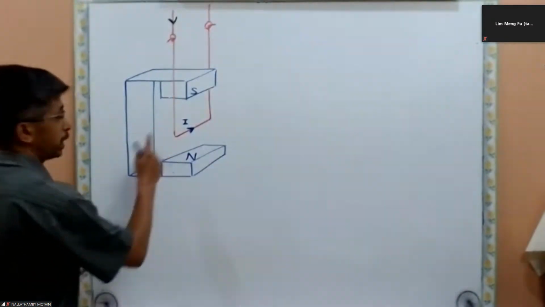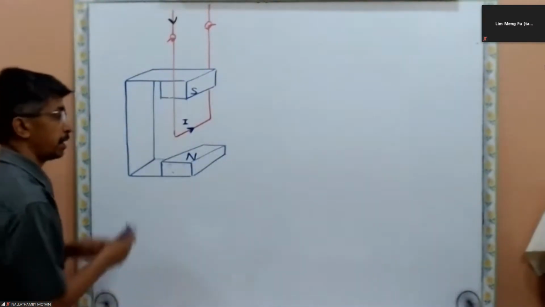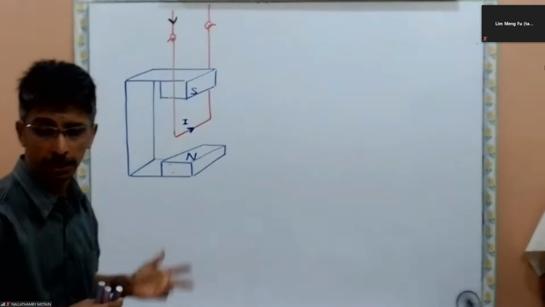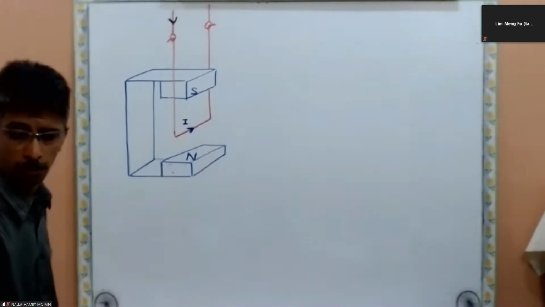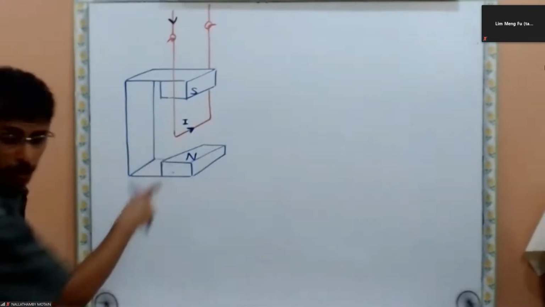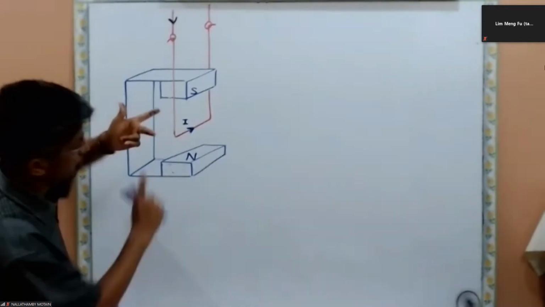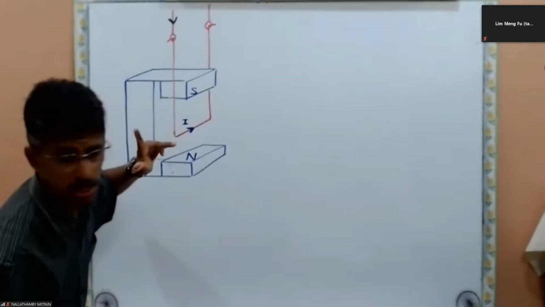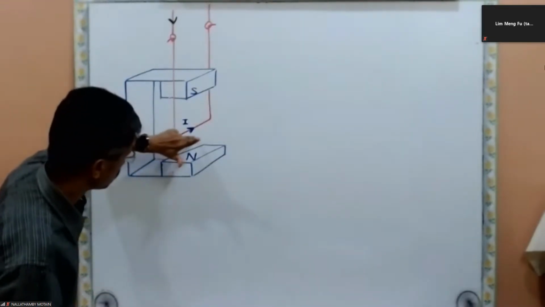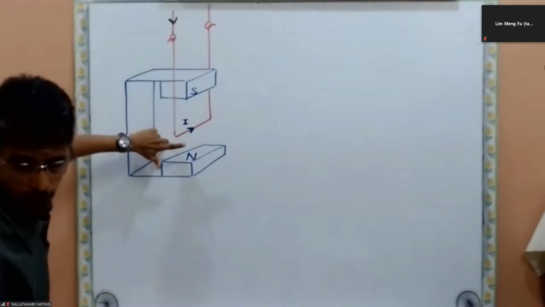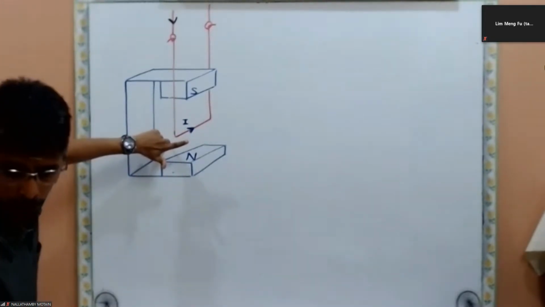There will be force acting that will make this conductor move to a side. Let's check using Fleming's second rule. Where is the current flow? Current is inward. Your third finger over here, please point inward. Follow it.